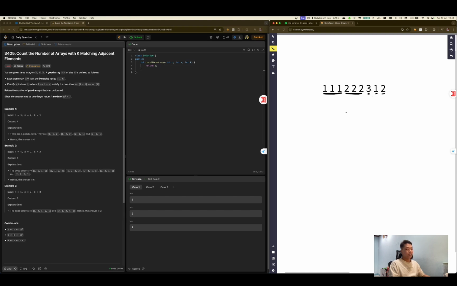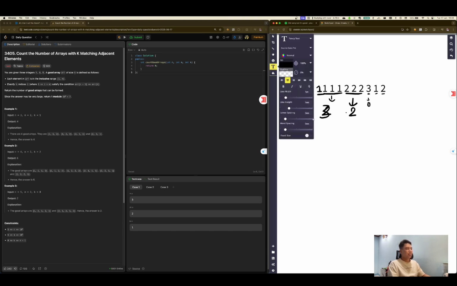So these three obviously got 0 because they have no adjacencies. About this group, we got one, two pairs. How about if we got one here too? So it's gonna be 3, right?